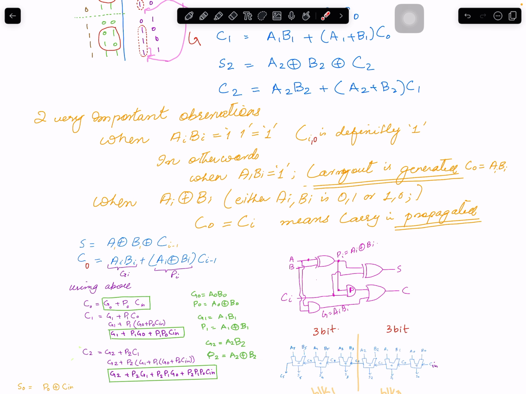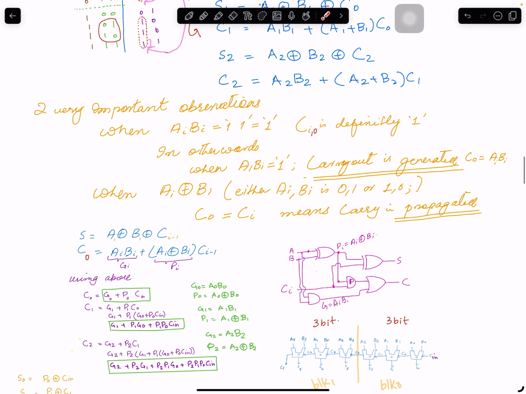So the two important terms in this equation are this and this, G and P, generator and propagator. So you can also write this equation as C. Let's say I is the ith column of a large full adder.